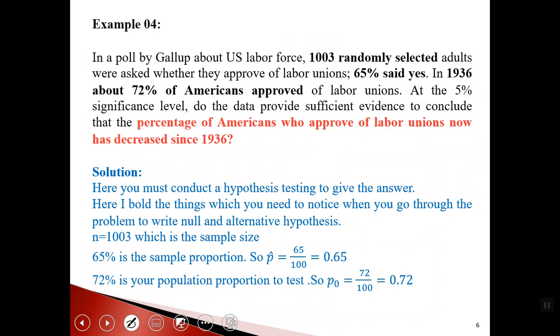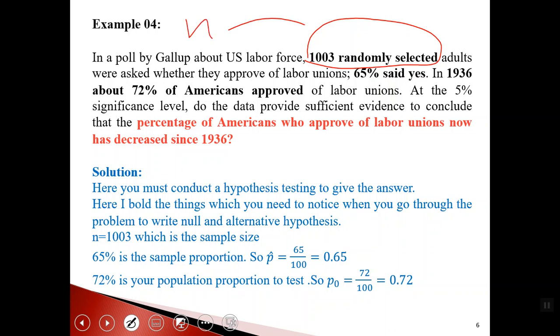Okay, I'm not going to read the entire question, but I'll mention the specific information we need to do our calculation. Okay, they have mentioned the US labor force. They have selected 1003. Okay, they have selected, which means this is your what?